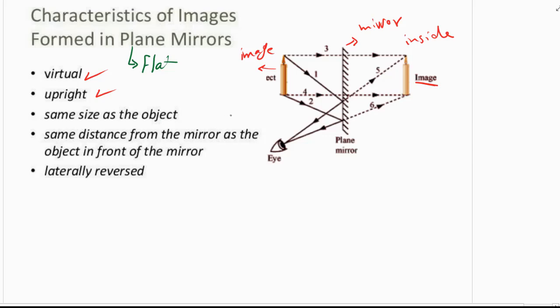Also, the distance between the object and the mirror is equal to the distance between the image and the mirror. So both have the same distance. If you are 5 meters away from the mirror, your image, which is now inside the mirror, looks like it is 5 meters away from the mirror.